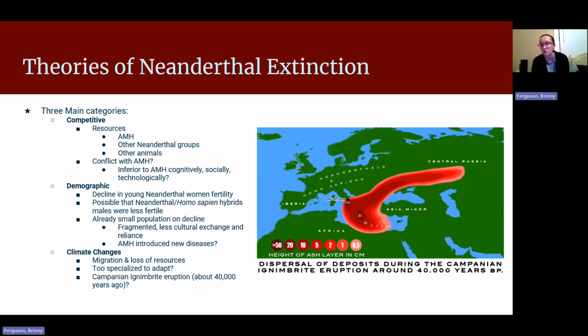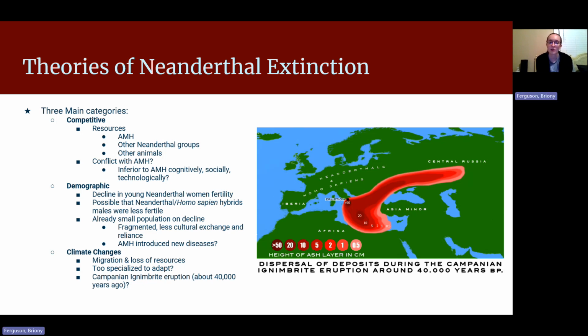And whenever resources are dwindling, that can actually be very detrimental to a species. There is a newer hypothesis that, similar to Columbus and Native Americans, when Homo sapiens ventured up into Neanderthal lands, they introduced diseases that Neanderthals had no natural protection against.